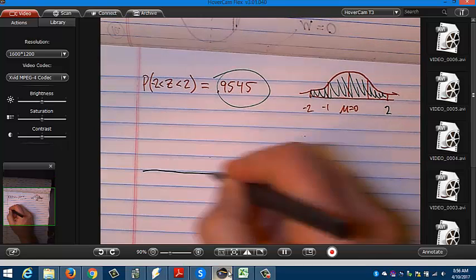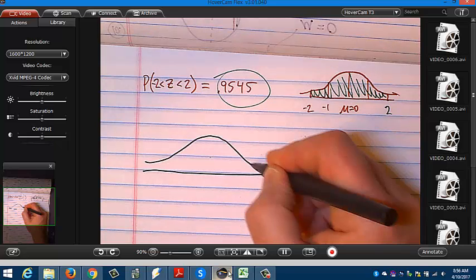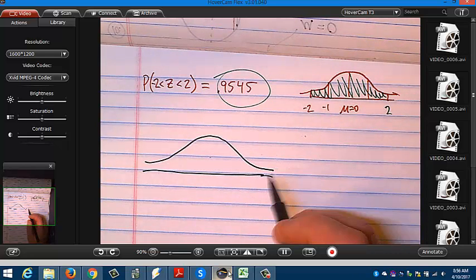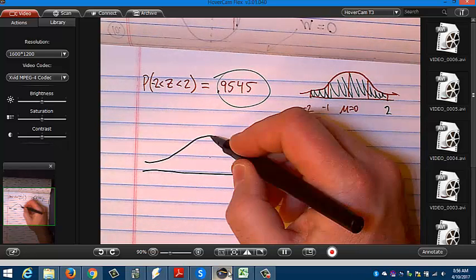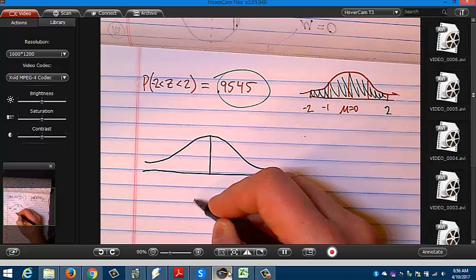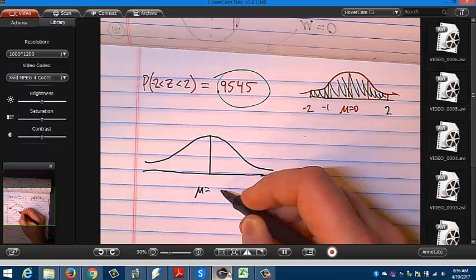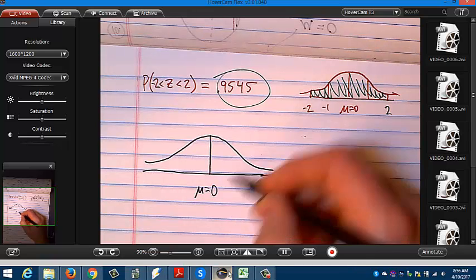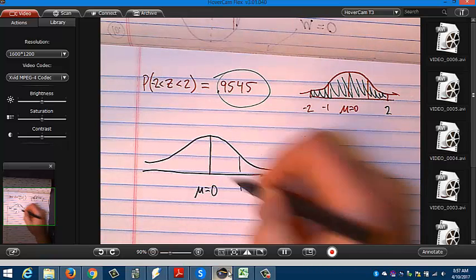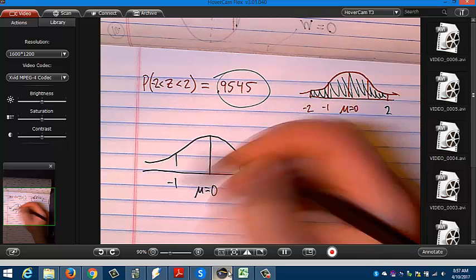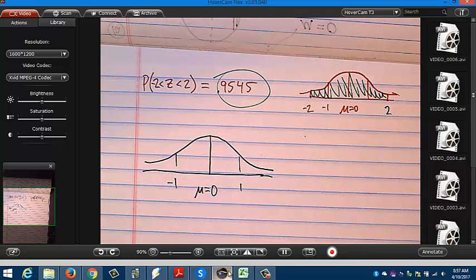That means it looks like this. Right here in the middle would be what? What's the mean? 0. And they told me that the standard deviation is 1. So the steep part of the roller coaster is like 1 or -1.